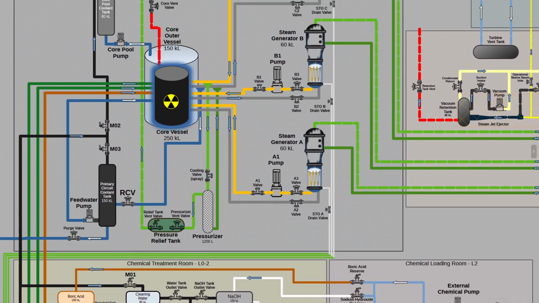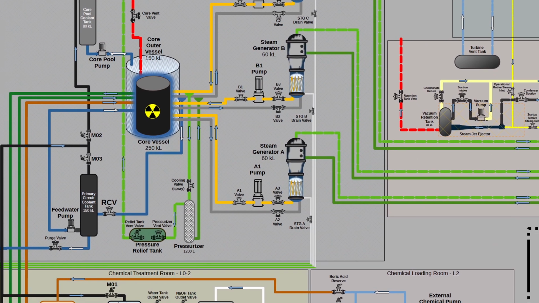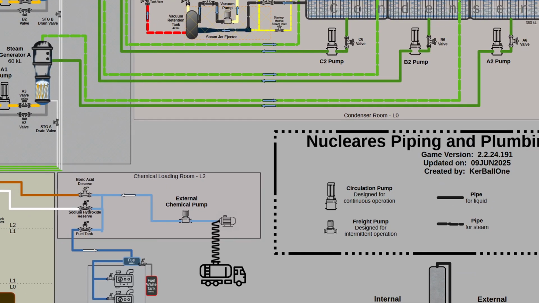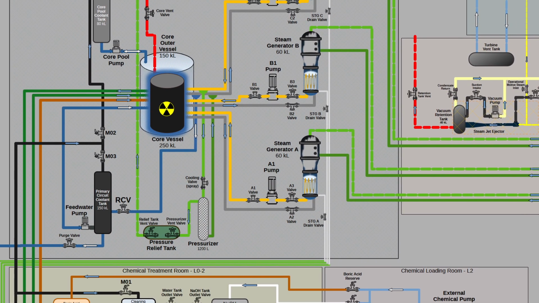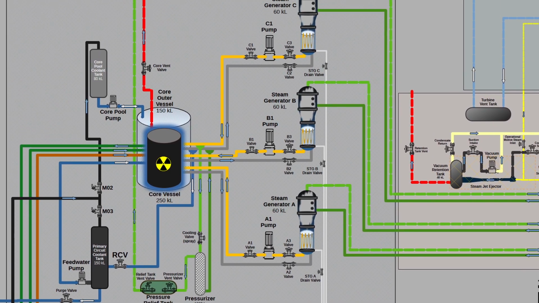Then we have the grey pipe, which is the solid one, and it's a liquid. So the liquid from the core vessel comes out and in through the A2 valve up into the steam generator A, B and C.